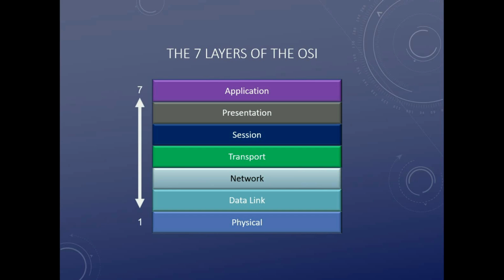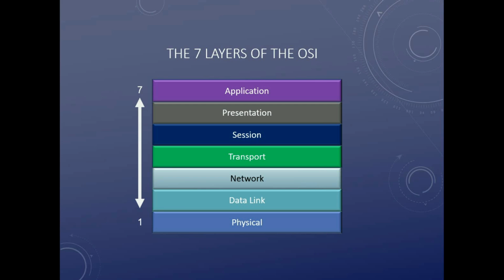Now, the way this is written, the physical layer is always layer 1, application being layer 7. Even though the data flows in both directions, sometimes you go application to physical, sometimes physical to application, layer 1 is always the physical layer.